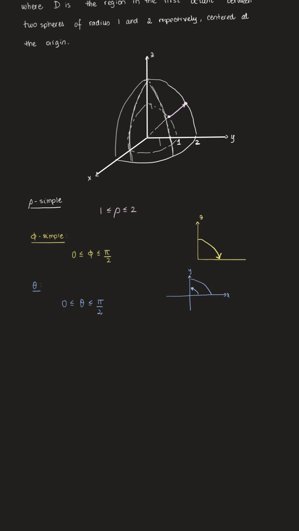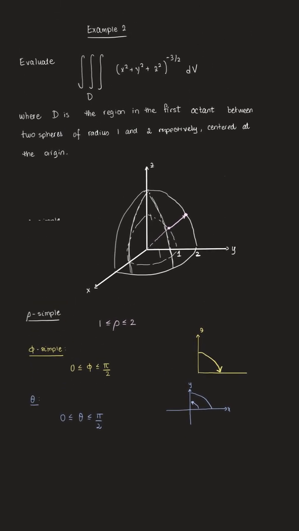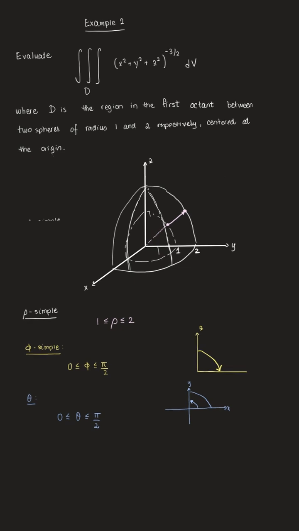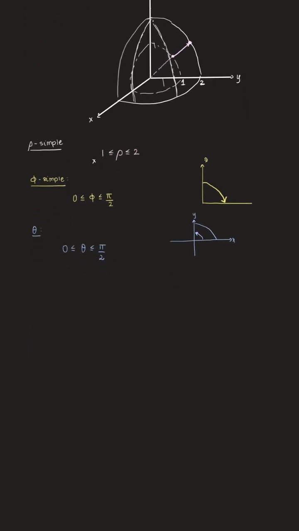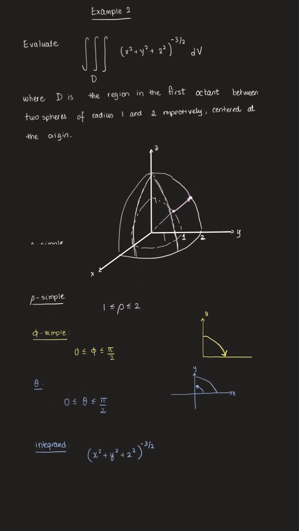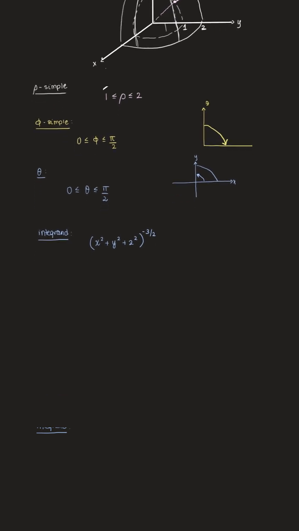So let's change our function to spherical coordinates first. Our integrand was x squared plus y squared plus z squared to the negative 3/2. That's what we need to change to spherical coordinates. I'm just going to remind us of some of the conversions.